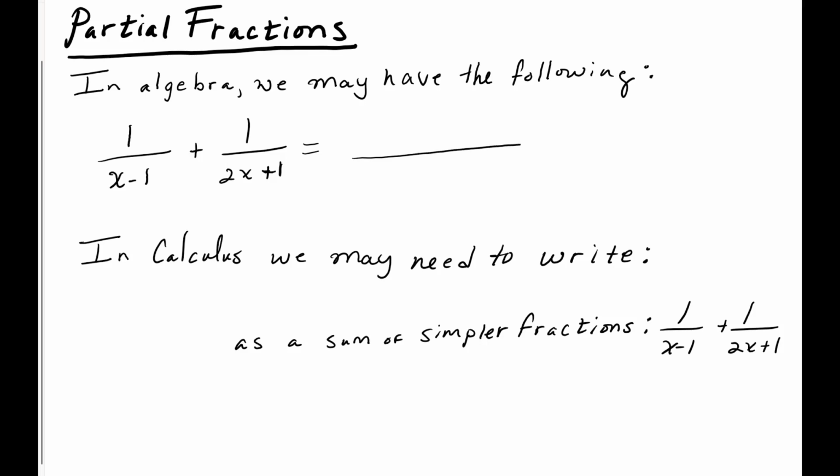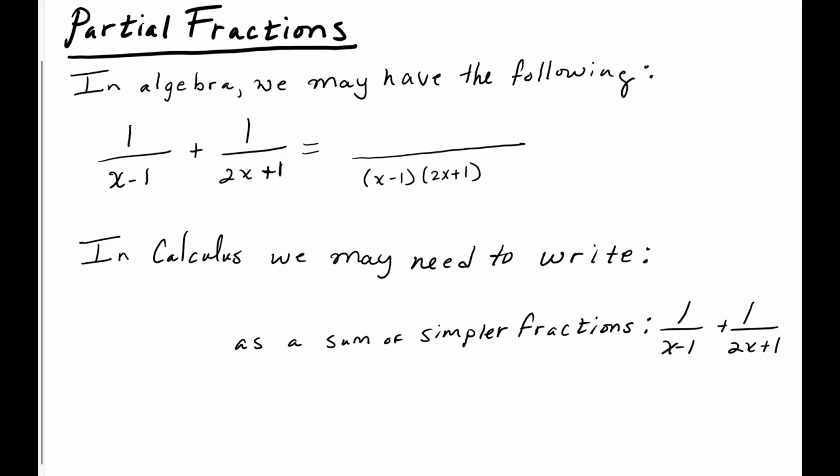In algebra class, you usually work with the fact that it's just the product of the two denominators that are there. So we're going to have x minus 1 and 2x plus 1 as the common denominator, right?